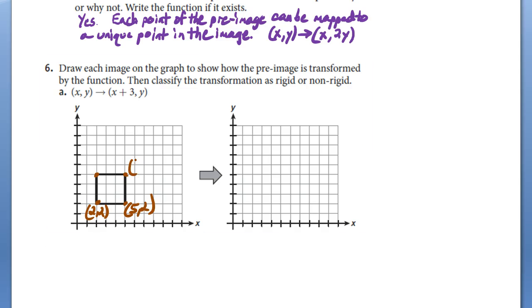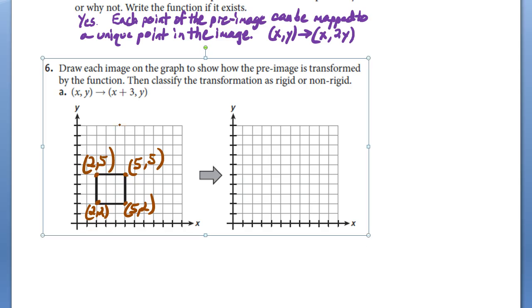This one is (5, 5). And this corner is (2, 5). We want to adjust those ordered pairs using this formula. It looks like the x value is going to be increased by 3, but the y values of the points will not change. So let's follow those instructions to create the new shape.